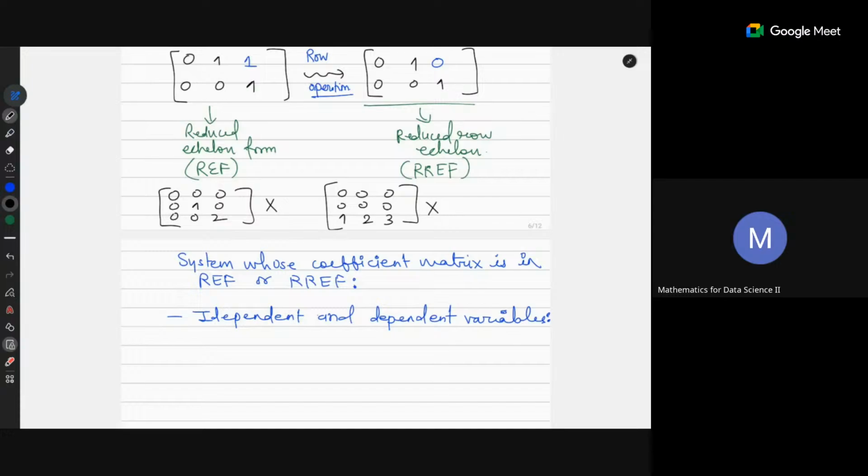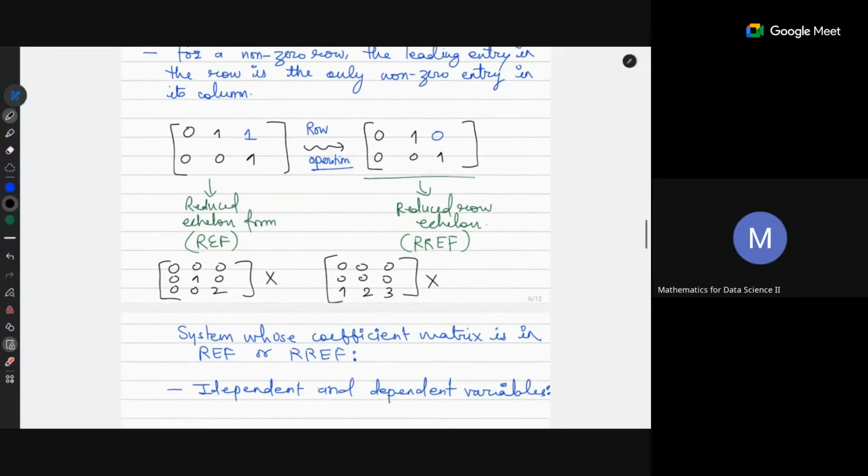Saumarg, if I'm pronouncing your name right. Yes, sir. Are reduced echelon form and row echelon form the same? No, they are not the same. I just explained the difference. Look at this. Do these two matrices look the same to you? No. Right. Yes, Darji J. Which two are you talking about, sir?